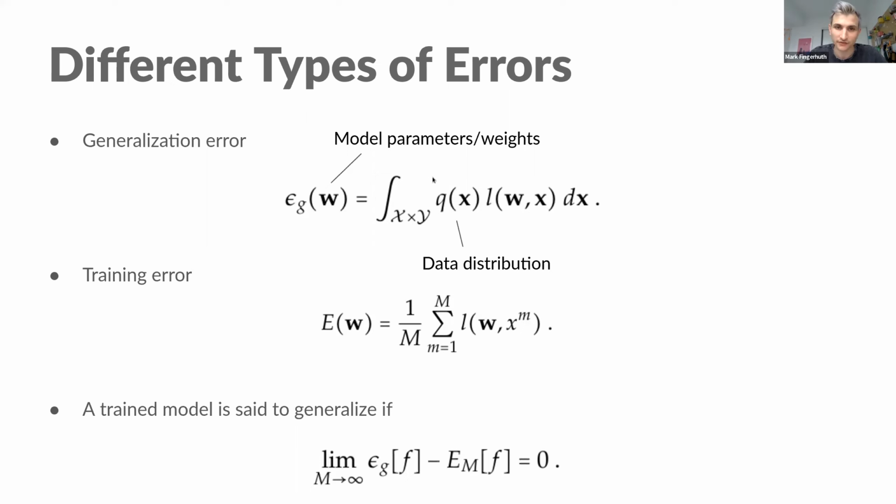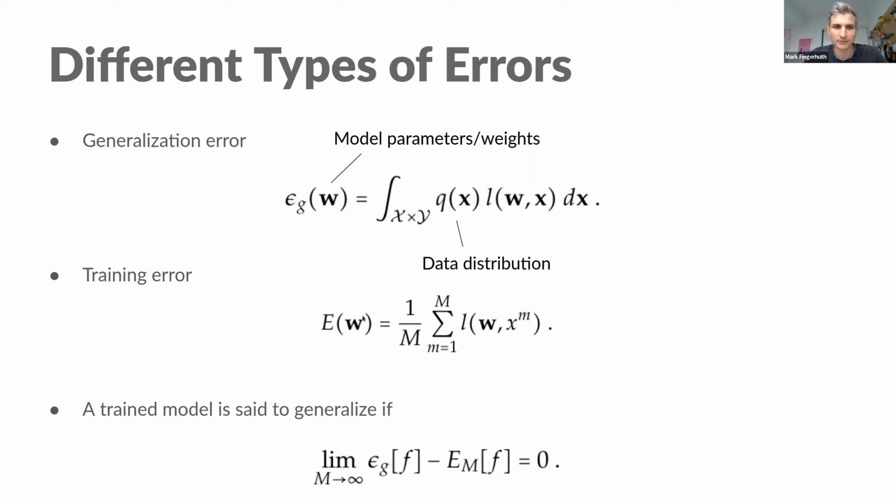This is typically very difficult to compute because the data distribution usually is unknown. And so a lot of statistical mechanics of learning is all about finding expressions that help us approximate this generalization error in a way that we can actually compute it.